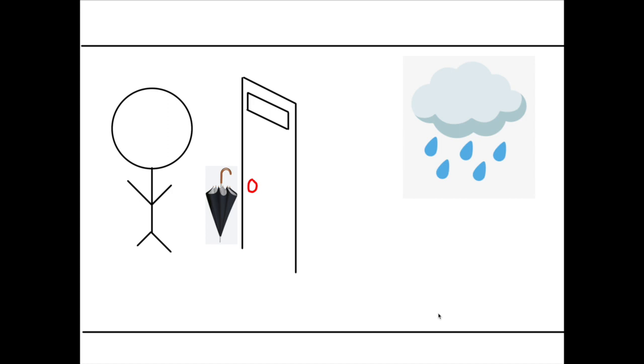But the probability that I'm going to take my umbrella before I leave depends on what the weather is outside. So that would be an example of a dependent event, because the condition of it being rainy or sunny affects that probability.